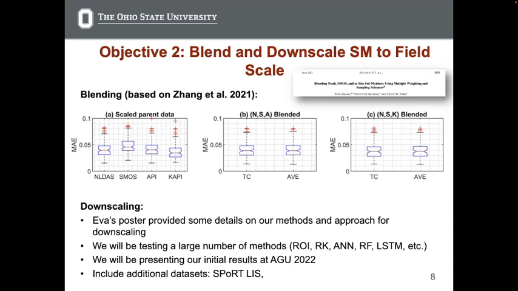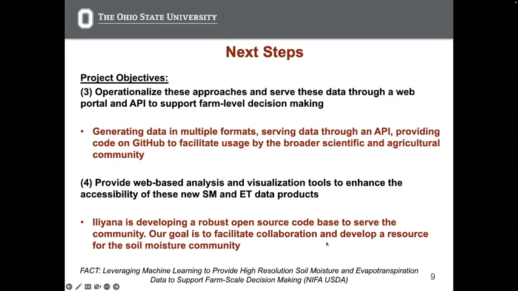So Ileana highlighted a little bit of this work, using machine learning and deep learning and lots of ancillary data sets, and then showing the holdout validation at locations where we have a high density of sites.